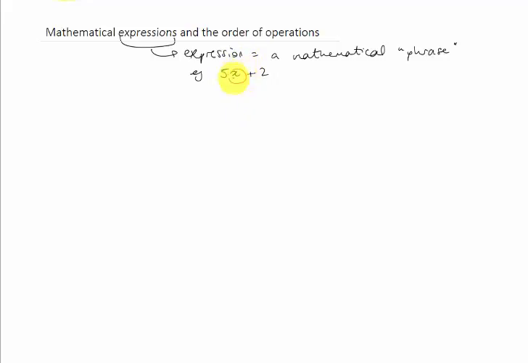So let's talk about variables for a minute, because this is the first time we've met that. So x here is a variable, so that is a quantity represented by a letter that can have different values.